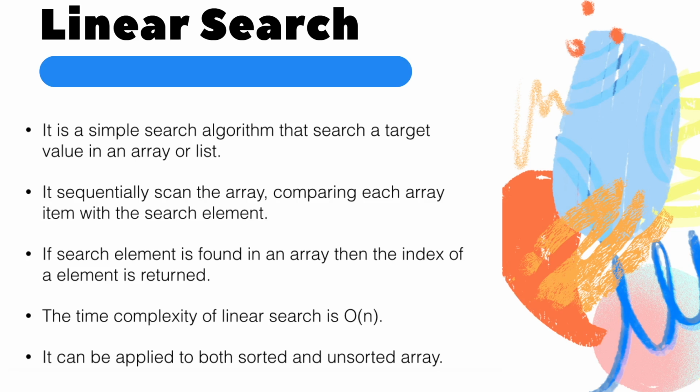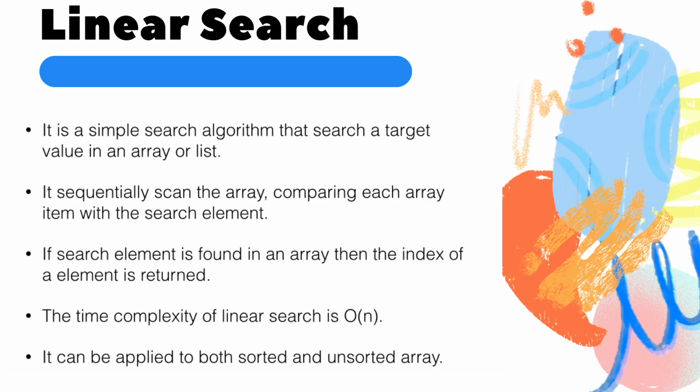So, this is the principle behind linear search. It is the simplest of all the search algorithms we have. In order to do a linear or a sequential search, we make a sequential scan from the beginning till the end by comparing every element in that array with the search element or the target.